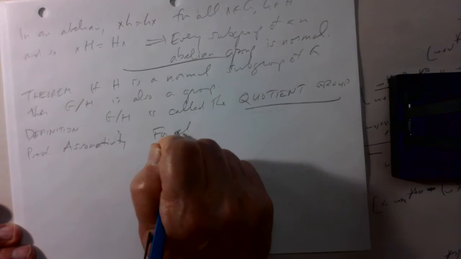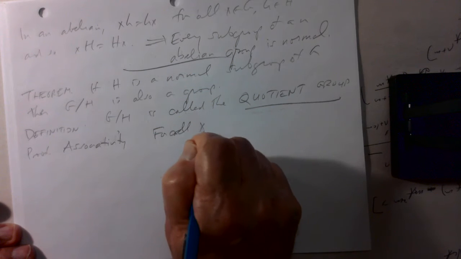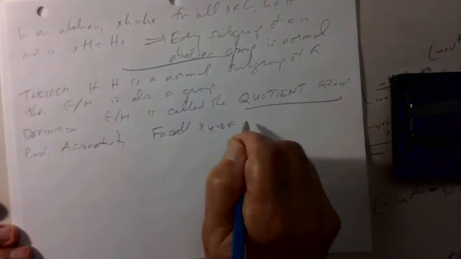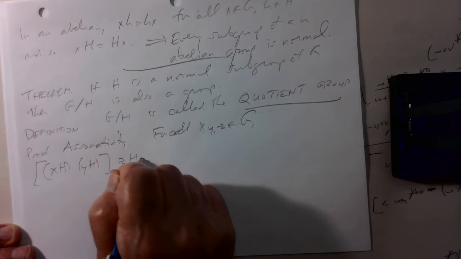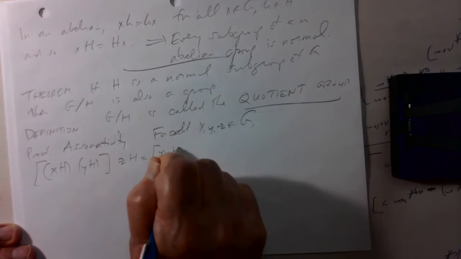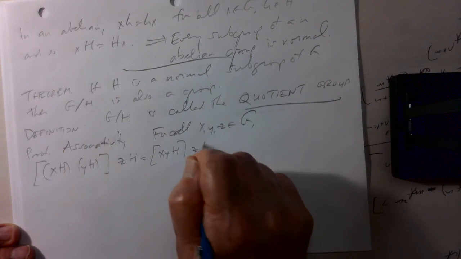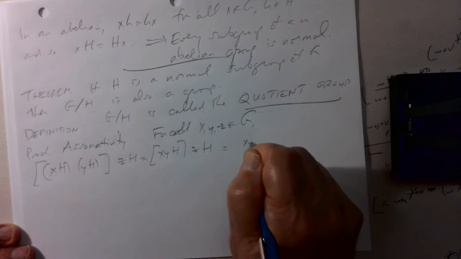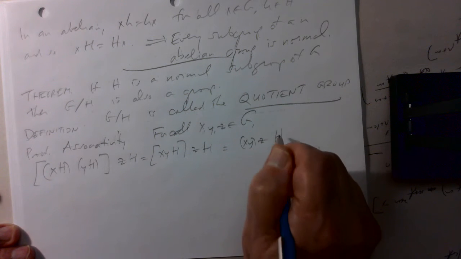For all elements x, y, z in the group, if we multiply xH times yH, and then multiply that by zH, what we have in here is xyH, which we're multiplying by zH. So that's xy times zH.